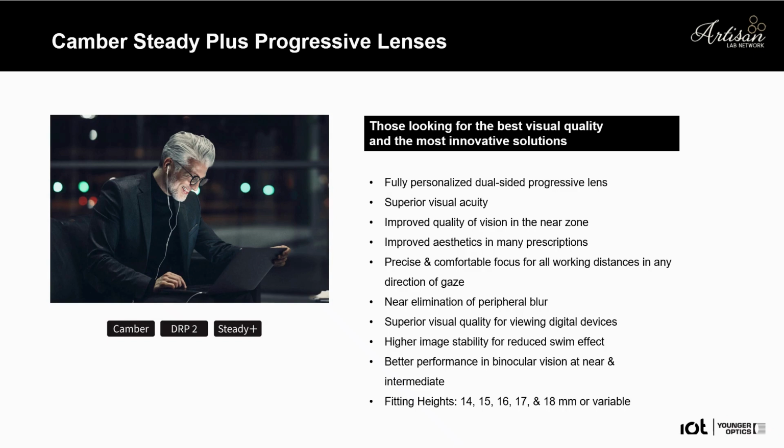They incorporate IOT's Digital Ray Path 2 technology and advanced ray tracing system, and Steady Plus methodology that eliminates the swim effect in progressive vision lenses. You can see these benefits using the Camber Steady Plus. All of these things the patients will feel. Fitting heights are 14, 15, 16, 17, and 18 millimeters or variables.